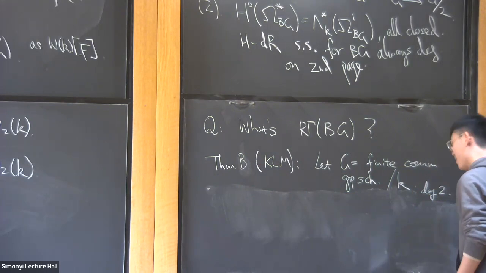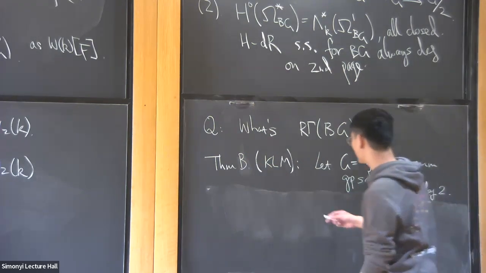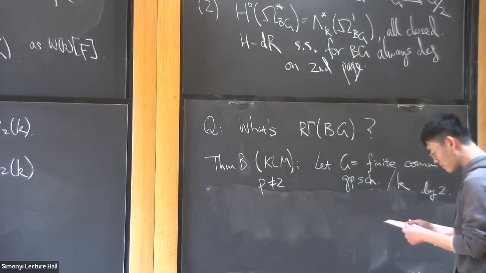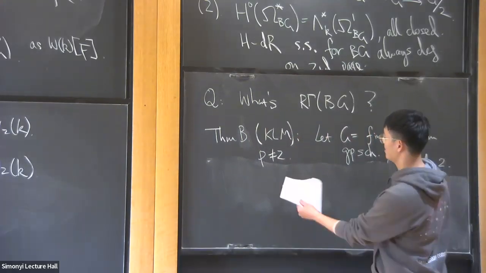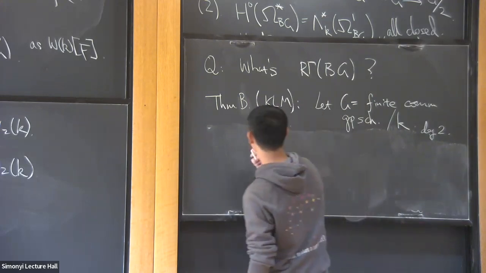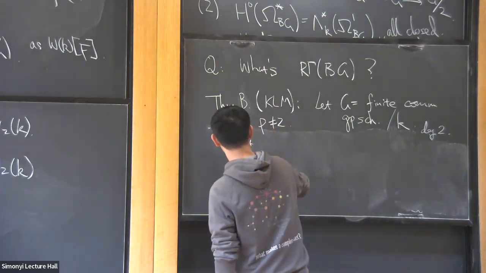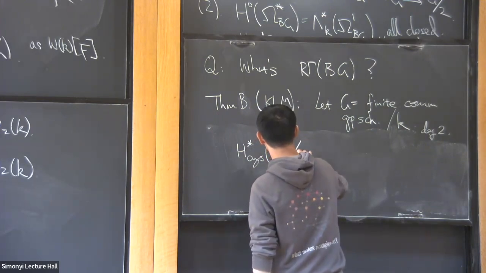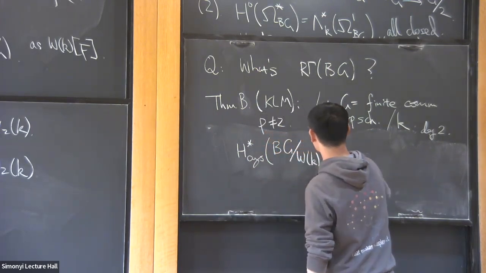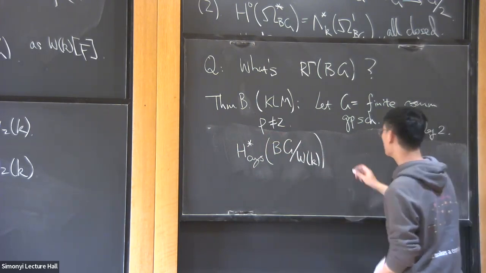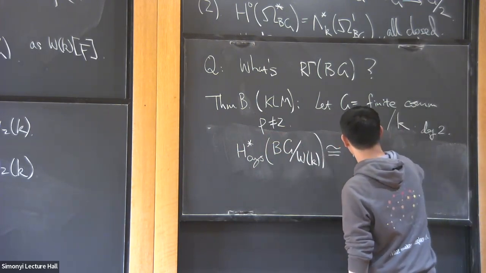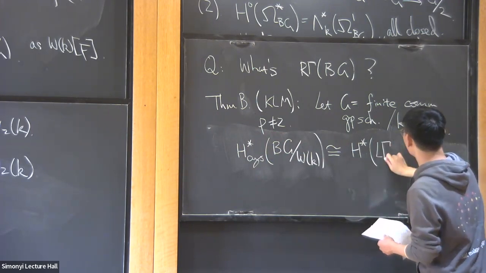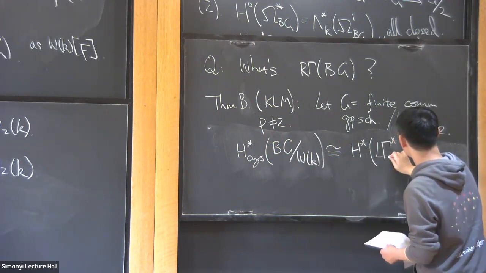So let me, very unfortunately, say that the prime is not 2. But once you accept this assumption, then the crystalline cohomology for BG into WK also admits a rather simple description. It's given by the cohomology of this. I will write down this notation and then describe it.